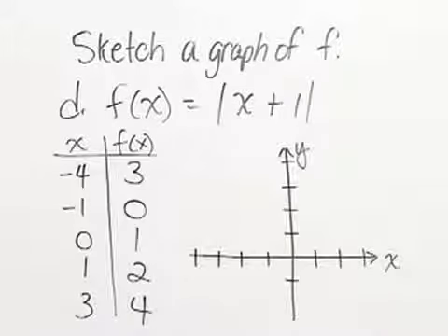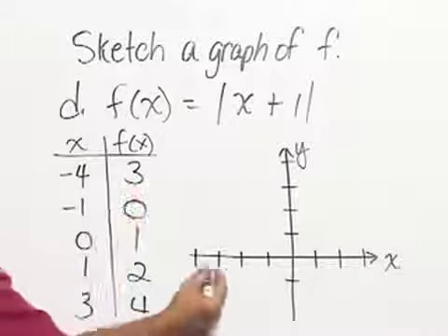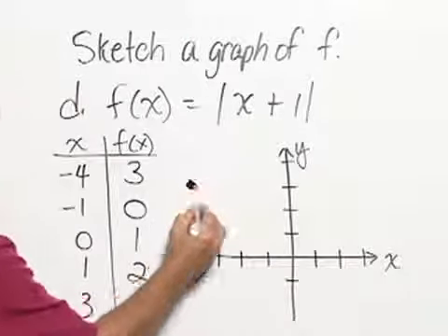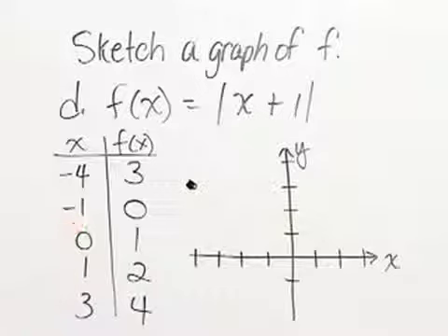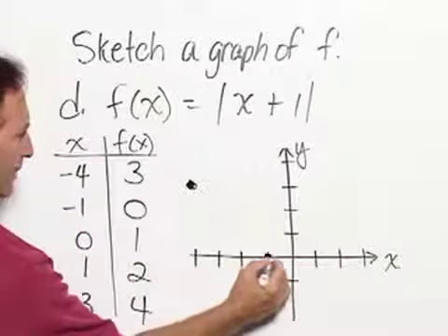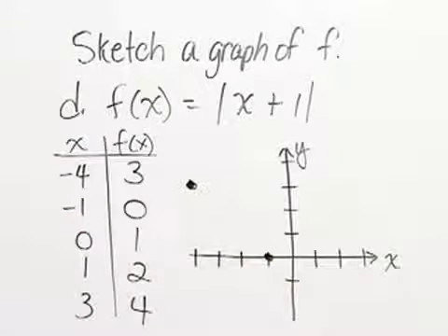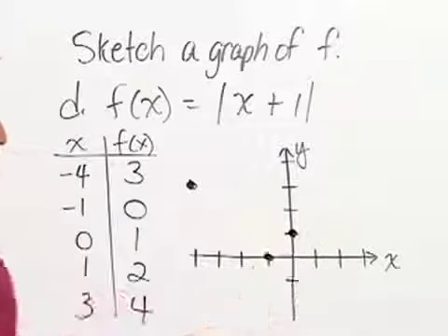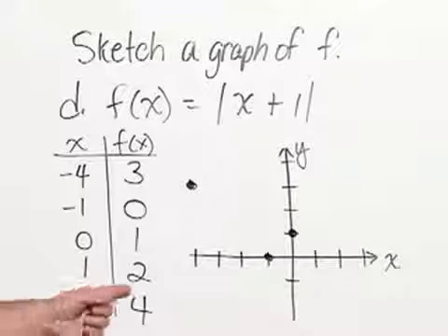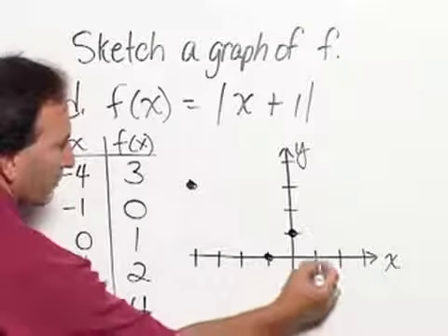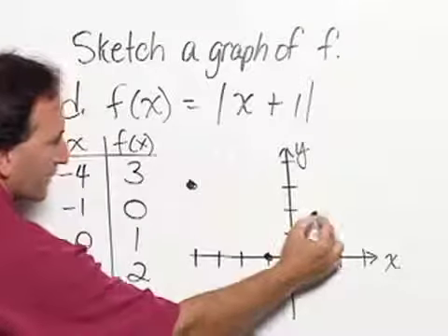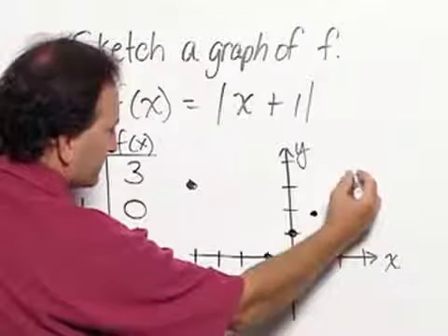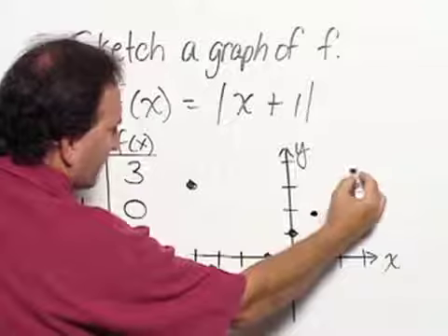Plotting these points, we have negative 4, comma 3. Then we have negative 1, comma 0. That would be right on the x-axis. 0, comma 1 would lie right on the y-axis. Then we have 1, comma 2, and then 3, comma 4, approximately there.